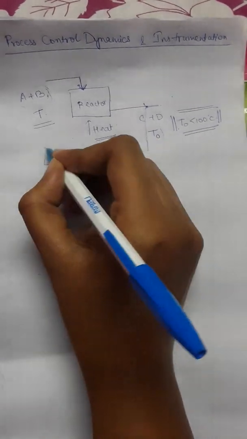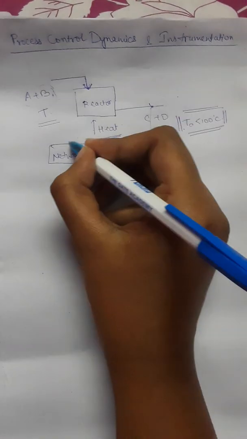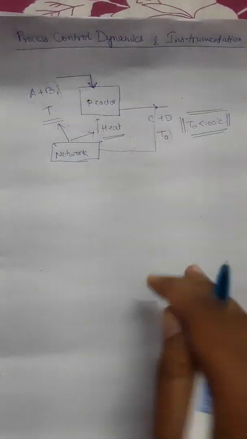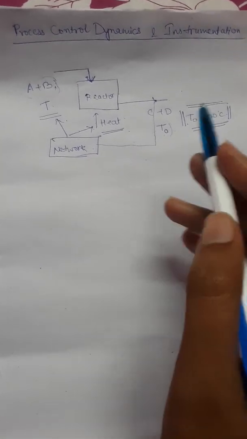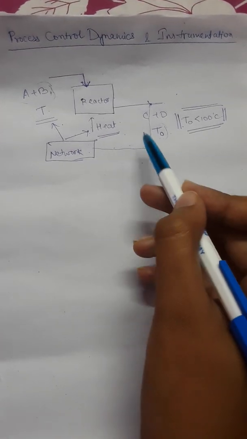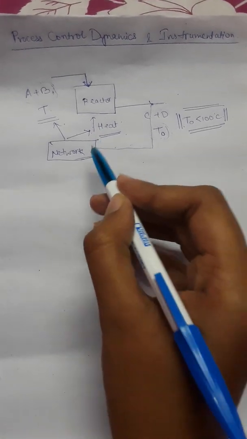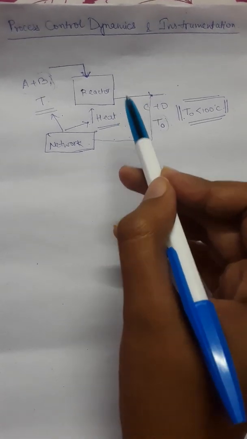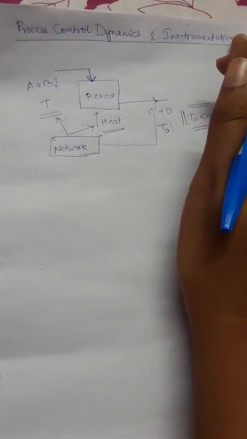Say there is some network that delivers this message, which will help either this parameter to be regulated or this parameter to be regulated. So this is where our process control comes into play. So this network consists of some instruments or some controllers which will give a signal that the process needs to be kept at a desired level for perfect functioning.